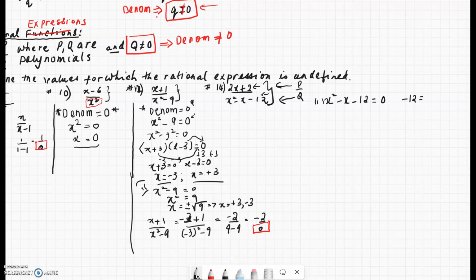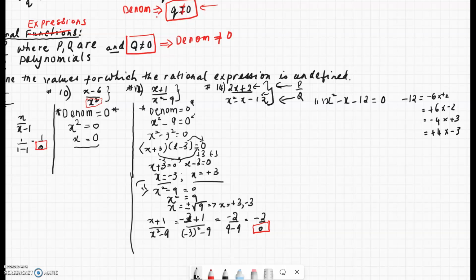We can go negative 6 times positive 2, I'm just writing different things here, positive 6 times negative 2, negative 4 times positive 3, and positive 4 times negative 3. Different ways in which you can get negative 12.